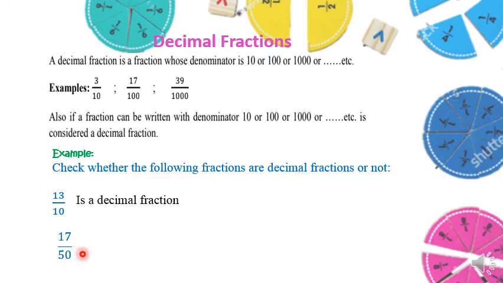But whatever you do to the denominator, you have to do to the numerator. So we are going to multiply the numerator and the denominator by 2. The answer will be 34 over 100. Now, what can you say? Is it a decimal fraction? Yes, this fraction is equivalent to this fraction. So yes, it is a decimal fraction.